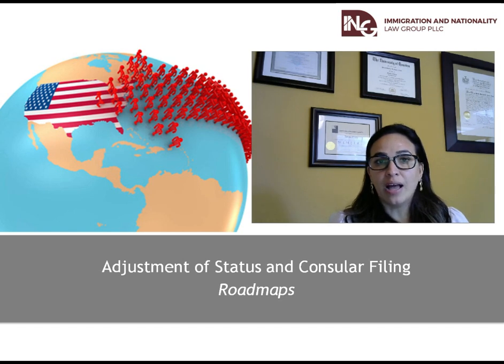The title is Roadmaps because I will go over the main steps of the process, and this will apply to both family-based and employment-based categories. So I'll not go over the specific subject for each of the green card categories.